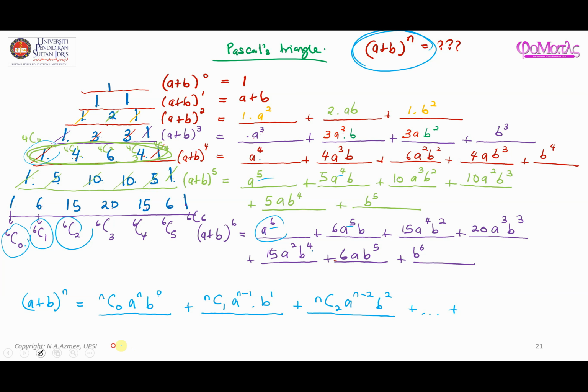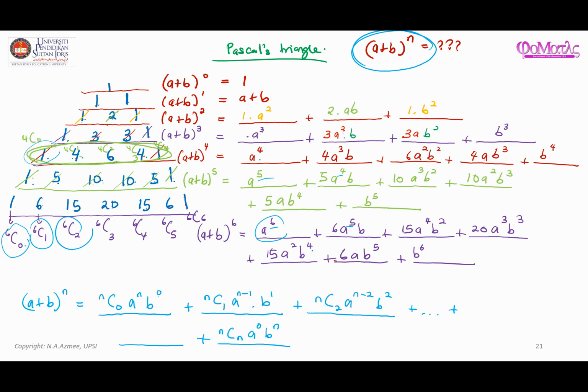So the last term here will be NCN, where a here is going to be reduced to 0 and b here is going to be at the highest power, which is n. So that is going on for the last term, NCN, a to the 0, b to the n.